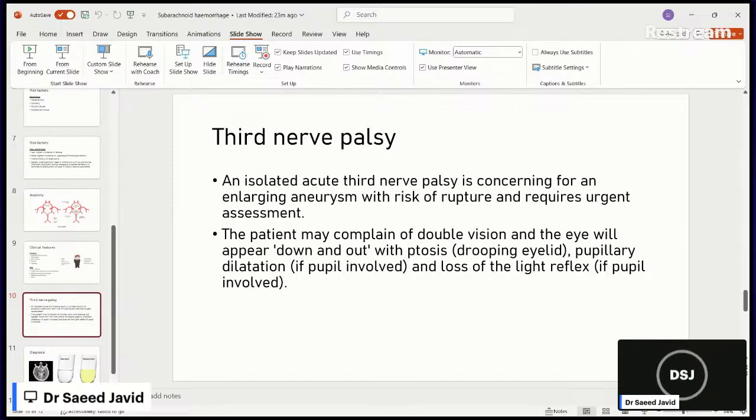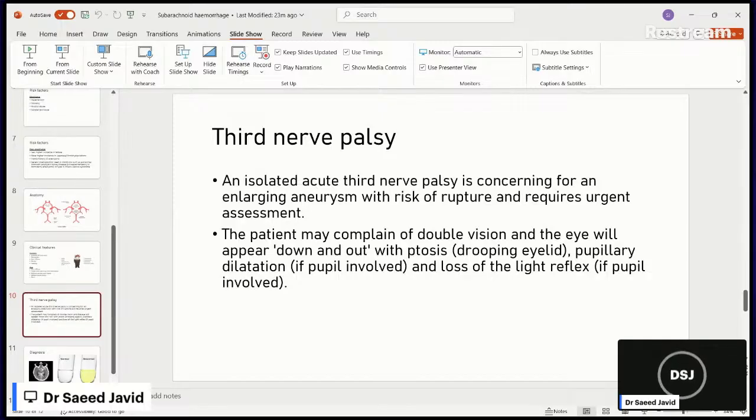A fixed and dilated pupil, or what people sometimes call a blown third nerve or blown pupil, often means you've affected those superficial parasympathetic fibers. And as a result, that could be a large aneurysm.